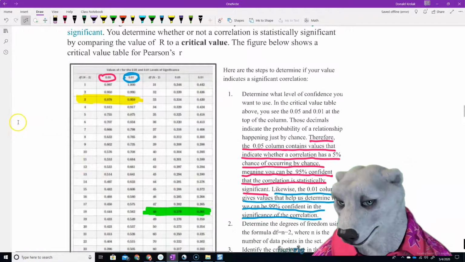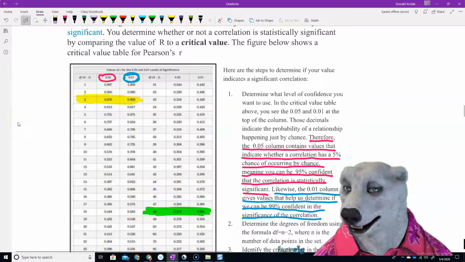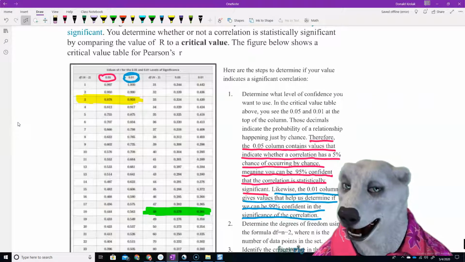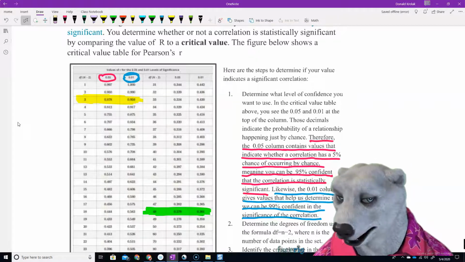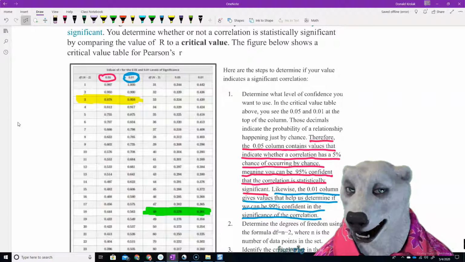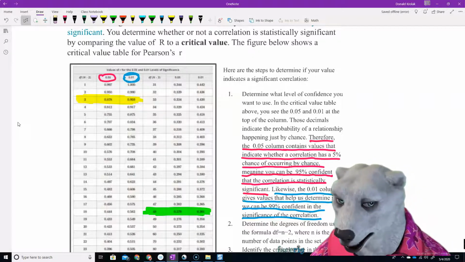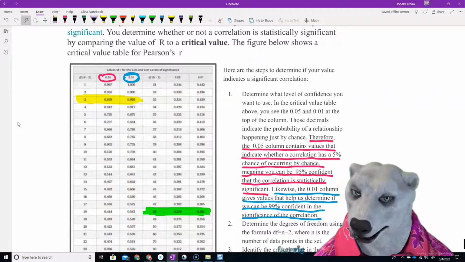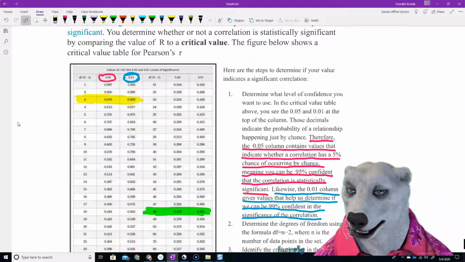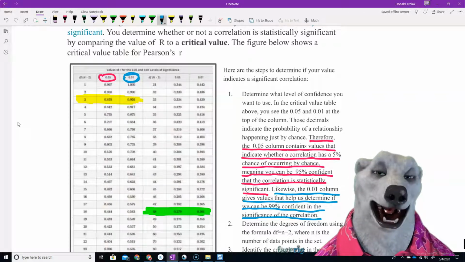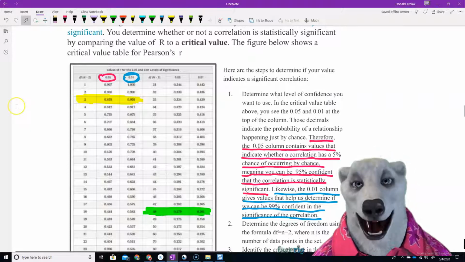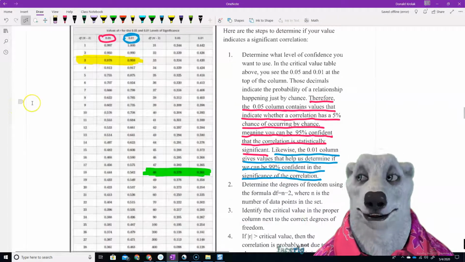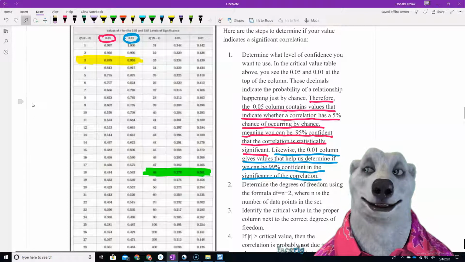So there's a 99% chance that the correlation we're seeing didn't happen randomly. There's only a 1% chance that it did. So most likely what we're looking at did not happen randomly, and therefore we can say it's statistically significant. All right. So that's our first step.